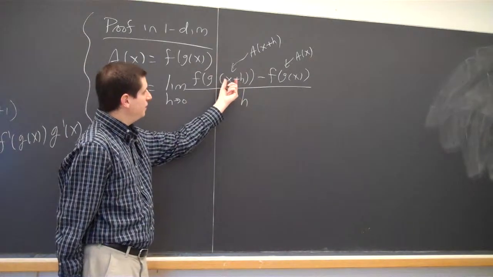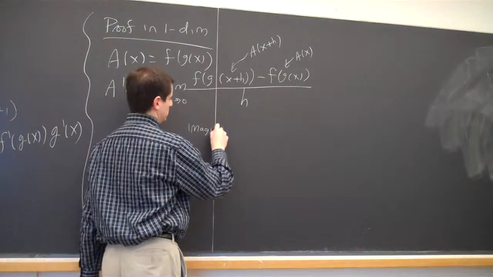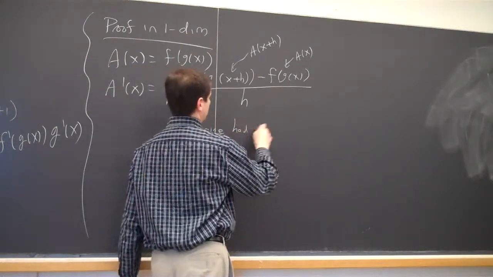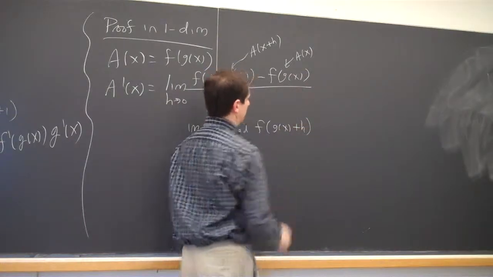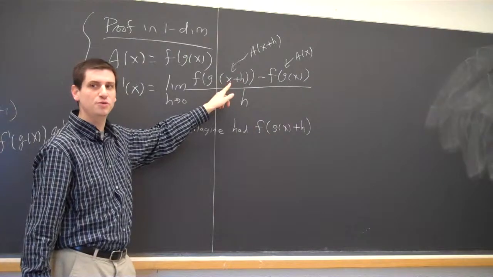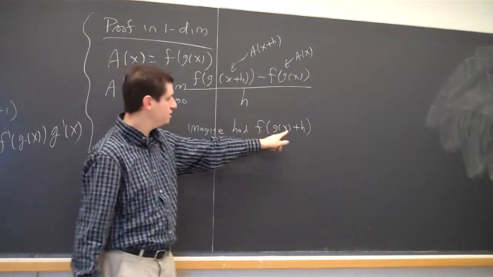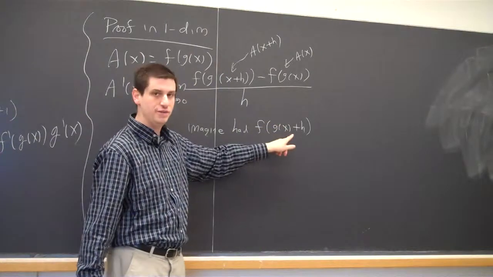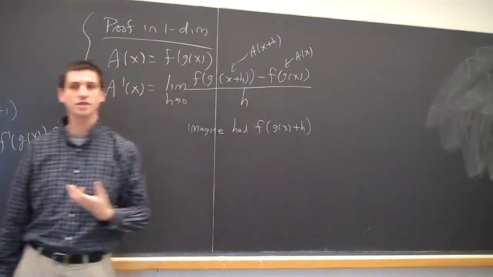If instead of having g of x plus h, imagine we had f of g of x plus h. I move the parentheses inward. I can't, but imagine I just moved the parentheses inward. If I move the parentheses inward, I've got f of g of x plus h minus f of g of x over h. What does that look like?